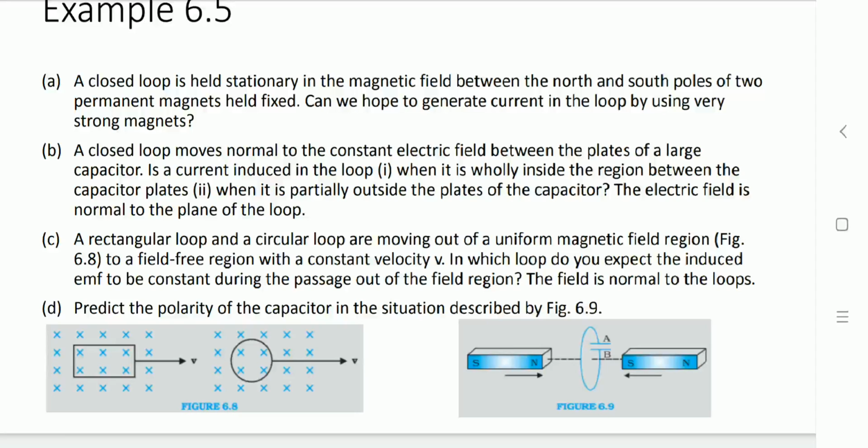It means we can say that it would be stronger, and based on that my current is generated in the clockwise direction. So current is passing through A to B, and we know that the plate the current is entering gives you the positive sign, and the plate the current is leaving gives you the negative sign. It means plate A is positive and plate B is negative.